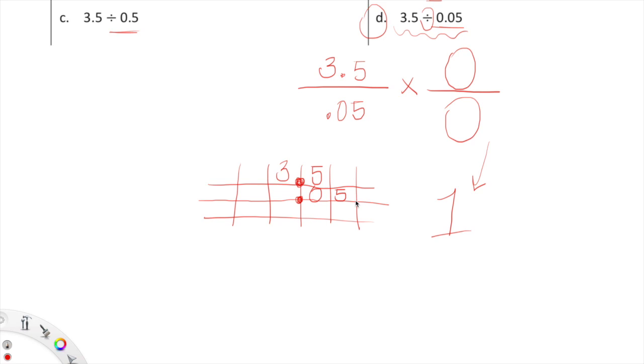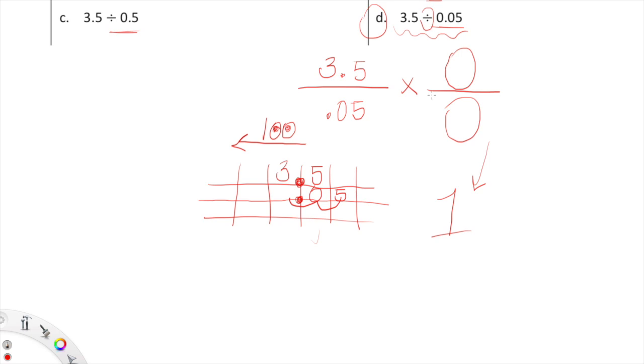Well, what I need to do is to get 5/100ths to hop over. I need these digits to hop over 1, 2 place values to the left. So I know I can multiply them by something that has 2 zeros in it.